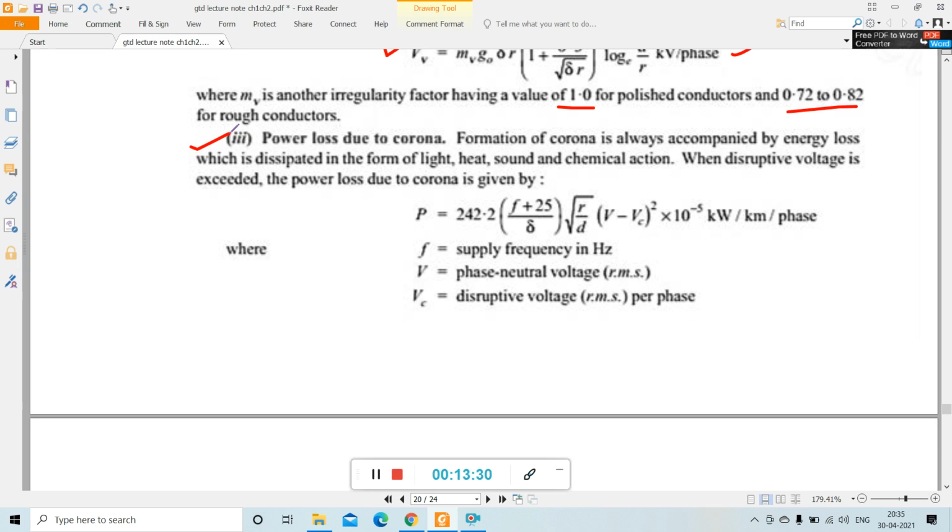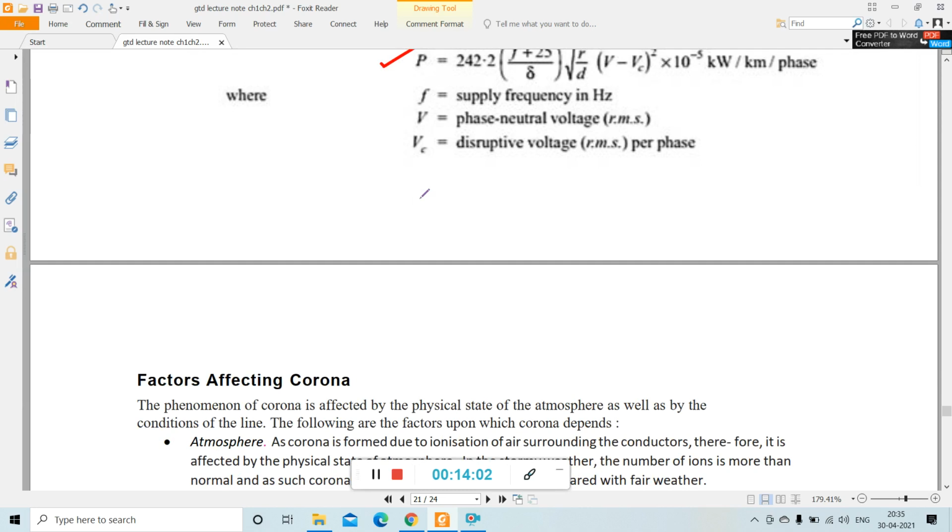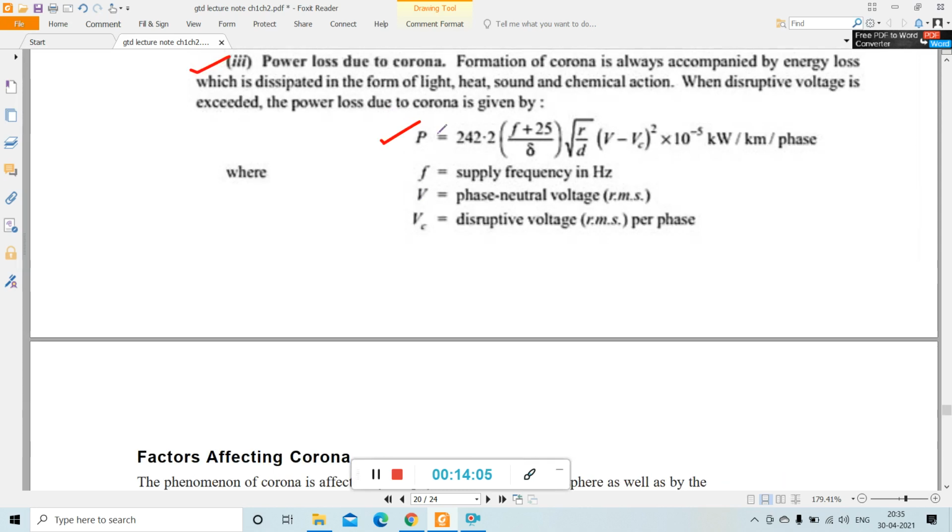When the disruptive voltage is exceeded, the power loss due to corona is given by this formula: P is equal to 242.2 over δ into (f + 25) into root over of R by d into (V − Vc) whole square into 10 to the power minus 5 kW per km per phase, where f is the supply frequency in Hertz, V is the phase to neutral voltage in RMS, and Vc is the disruptive voltage per phase in RMS. So this is the formula for power loss which we use in solving the problems.